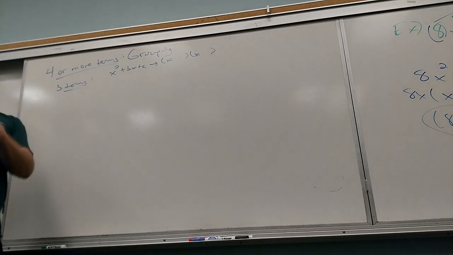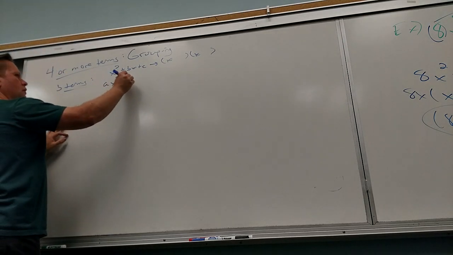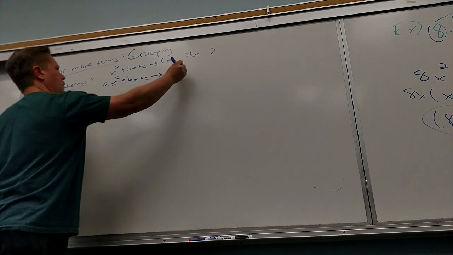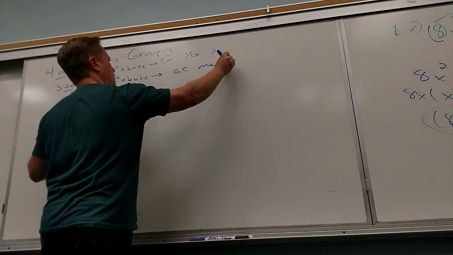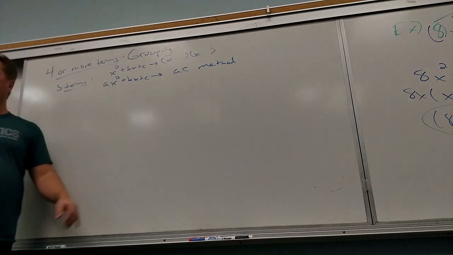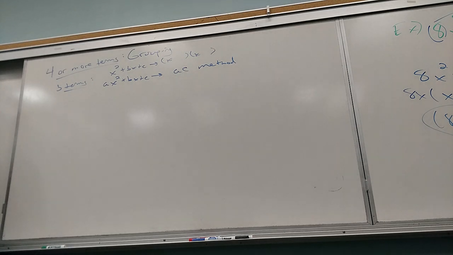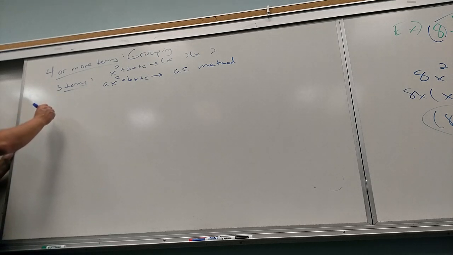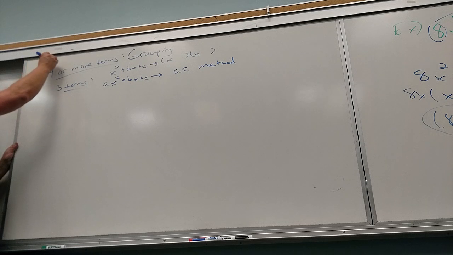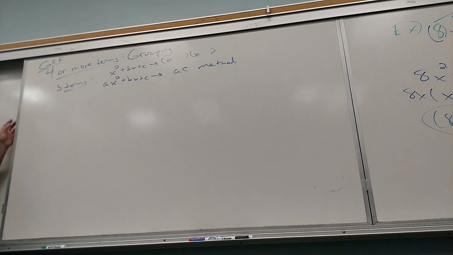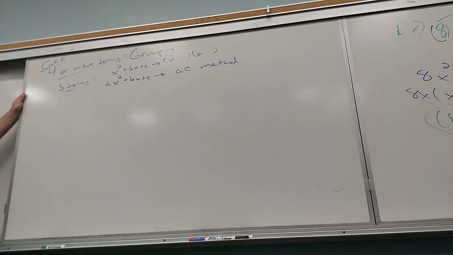Is that cool? Or it could be the one we just did, AC method, master product, whatever you want to call it. Master product always sounded to me like something from Tron. And of course GCF really is the first one. He's always there in the background, just like, try me first.